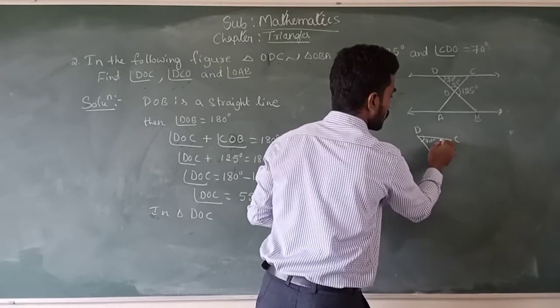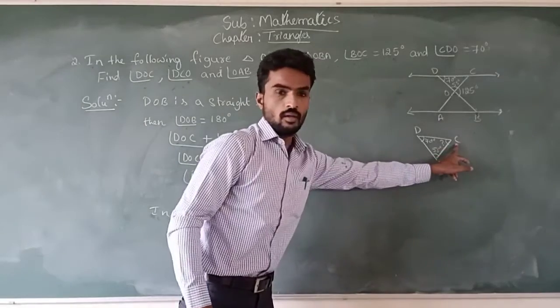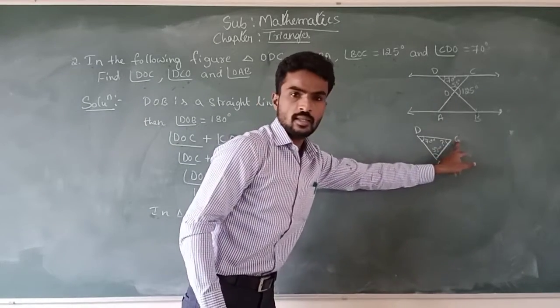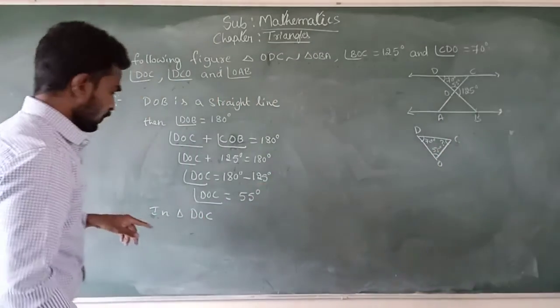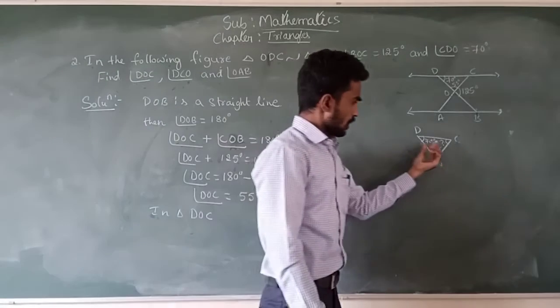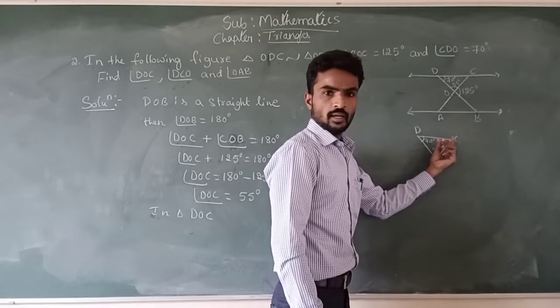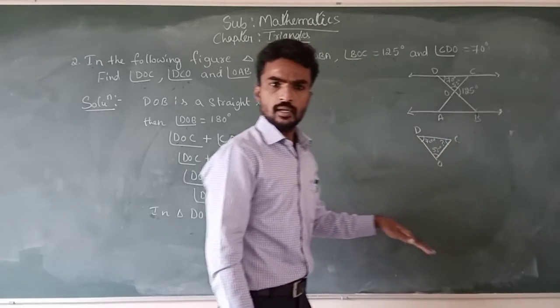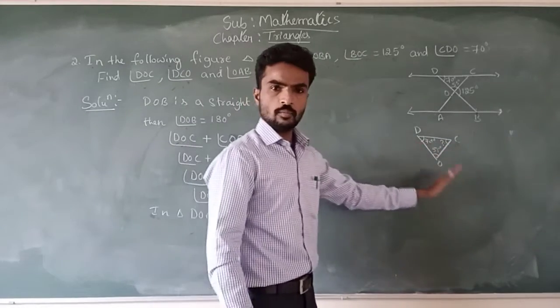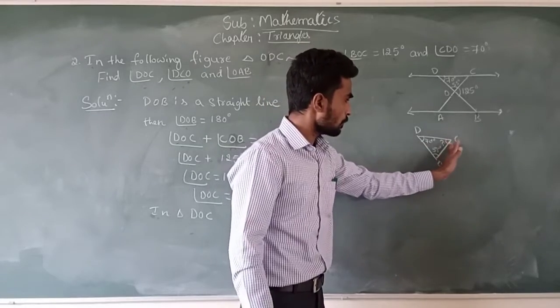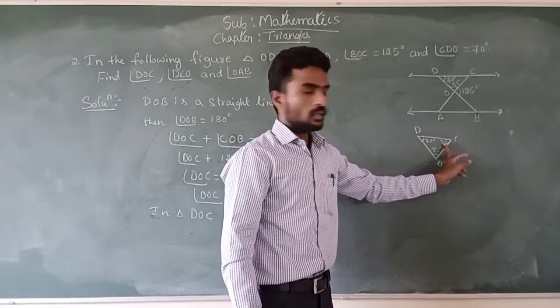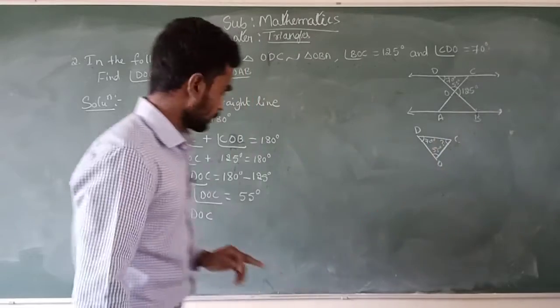Now we can find out the measure of angle C. We know that the sum of all three angles in a triangle is equal to 180 degree. That is called the angle sum property. By using that property, we can find out the angle C.